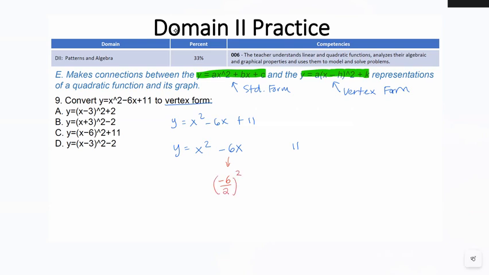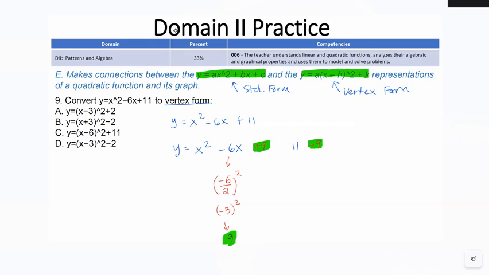That's completing the square, okay? So negative 6 divided by 2 is negative 3, squared. Later on we're going to use the negative 3 squared, but we need to see the value. The value of that is positive 9. So I'm going to put plus 9 minus 9. The reason in completing the square is you're going to balance the equation.